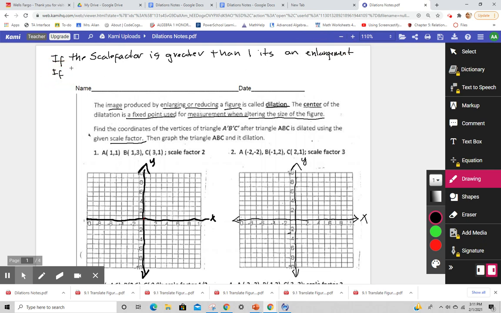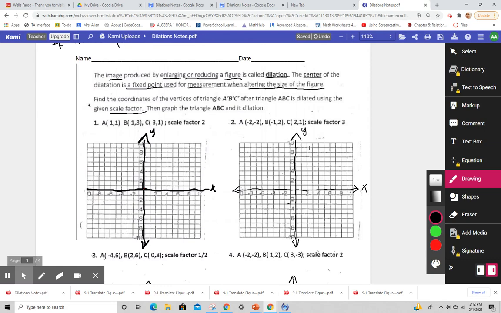If the scale factor is between 0 and 1, it's a reduction. Okay, we'll go over that more as we look at some practice problems. So what we're going to do first is plot these points and graph triangle ABC, and then we'll dilate it.